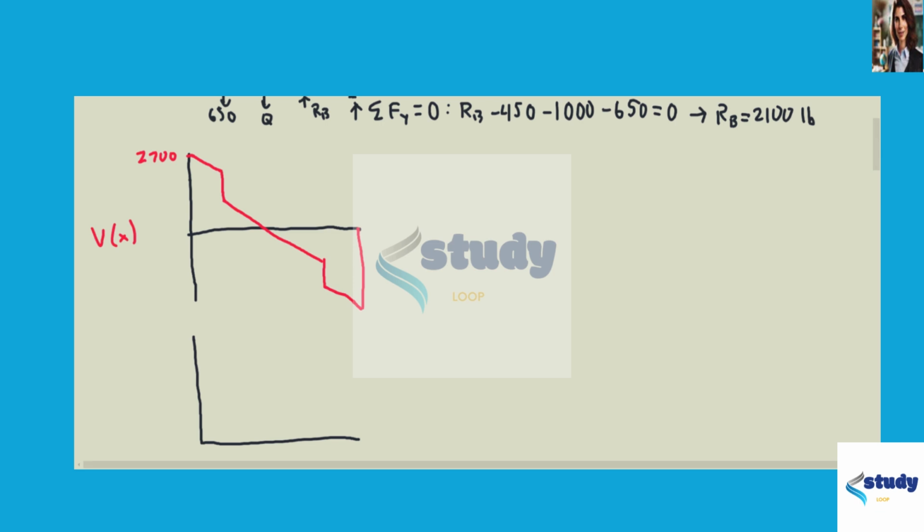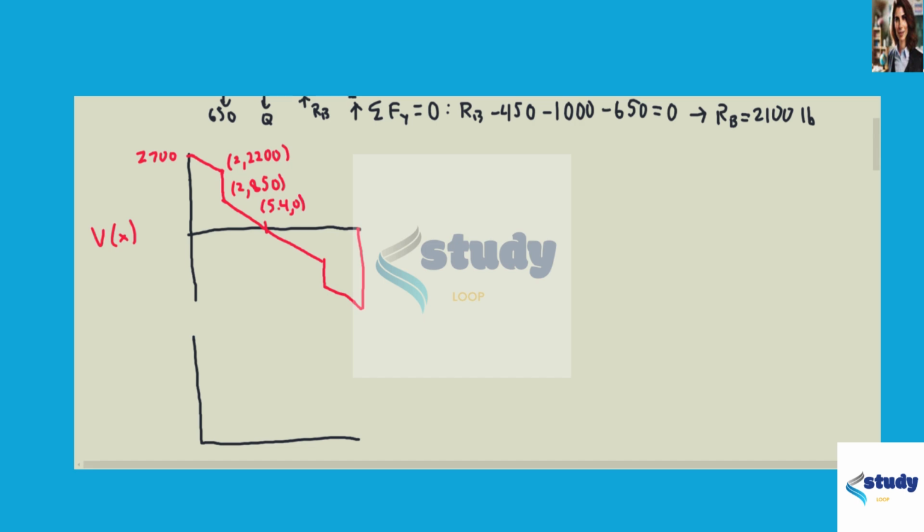Okay, let's find these points. So this is going to be 2 and 2,200. This point here is going to be 2 and 850. We're going to cross our axis at 5.4.